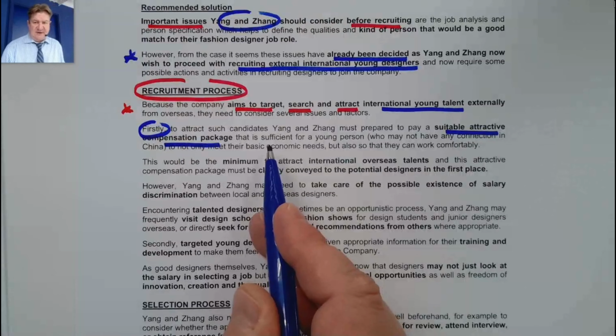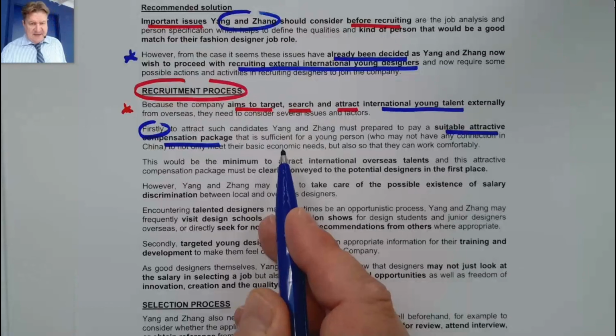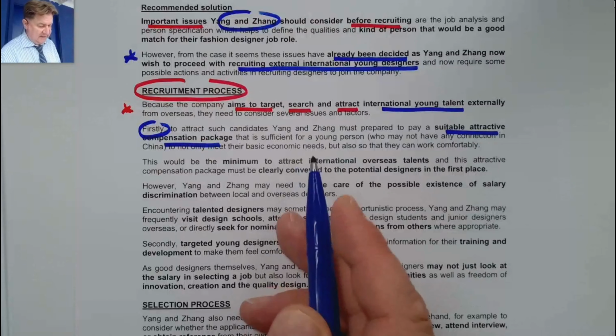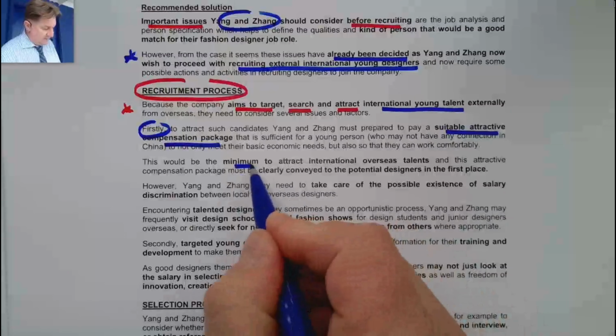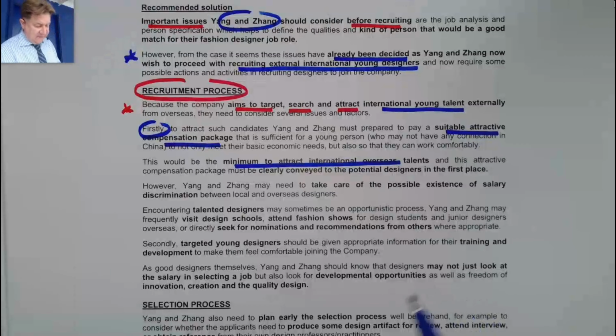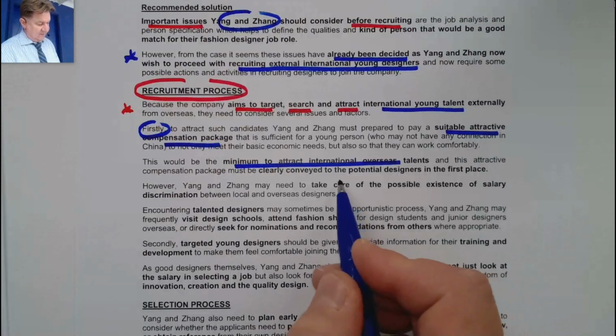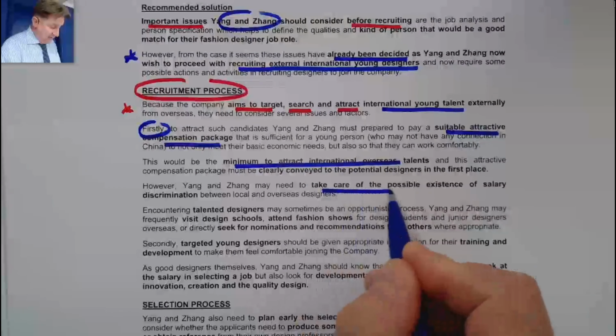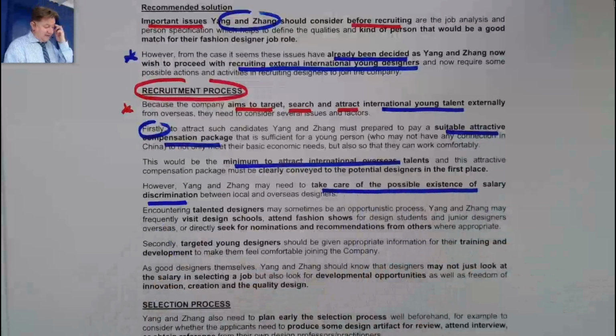If they are traveling to China, if it's going to be international, we need to meet not only their basic economic needs, this will be a minimum to attract them, but also we need to start thinking about things such as the development, the training here as well. So all this needs to be conveyed to the designers in the first place, and we've got to be aware of the problem of that salary discrimination therefore.